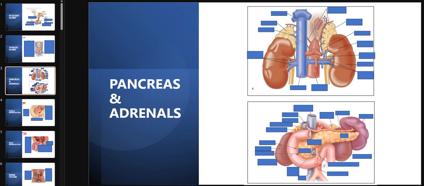We have the right and left phrenic arteries, right and left inferior phrenic arteries, left adrenal gland, left inferior phrenic vein, left inferior adrenal artery, left adrenal vein, left kidney, left renal artery and vein, abdominal aorta, inferior vena cava.